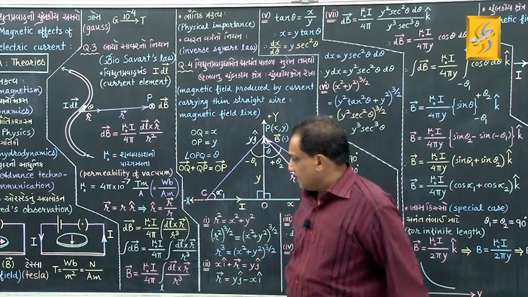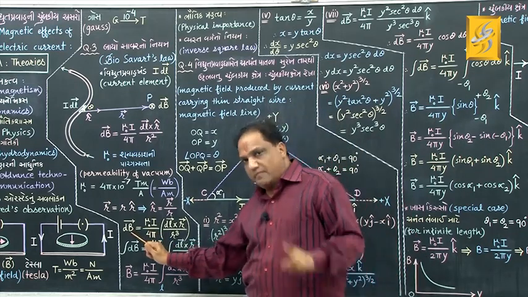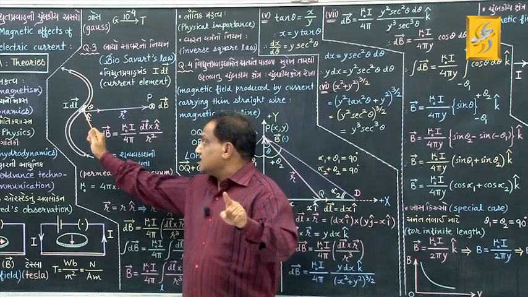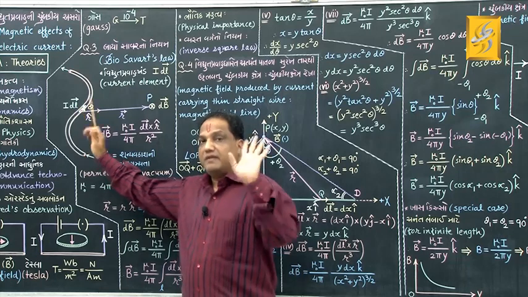Okay, fine. Now this is the partial magnetic field, which is the magnetic field at point P only due to this single current element.